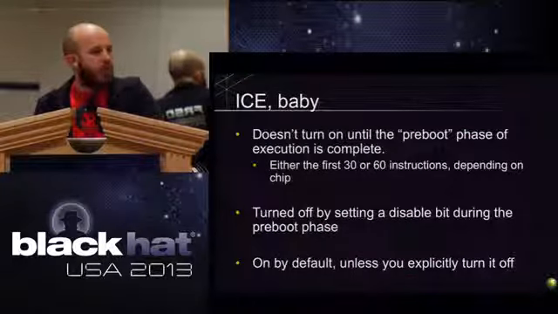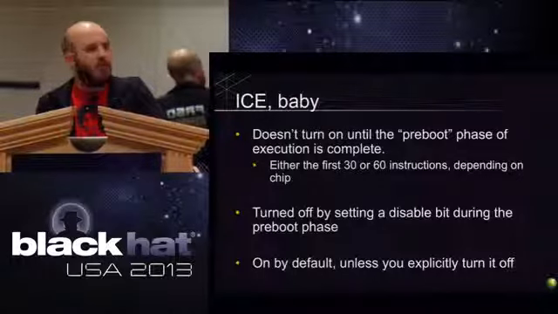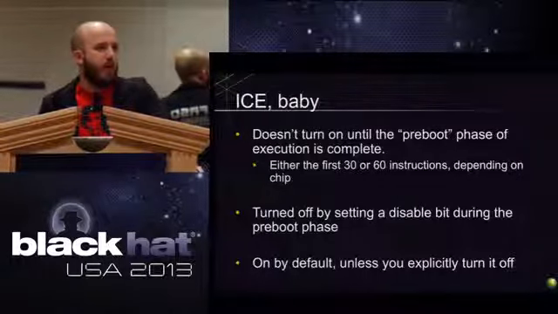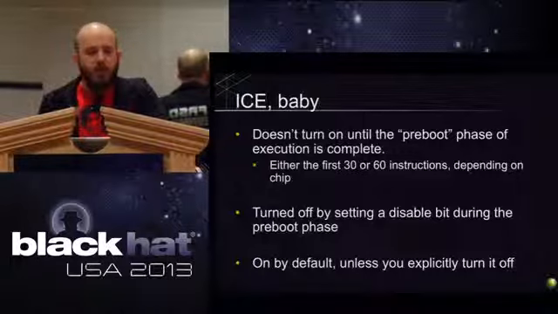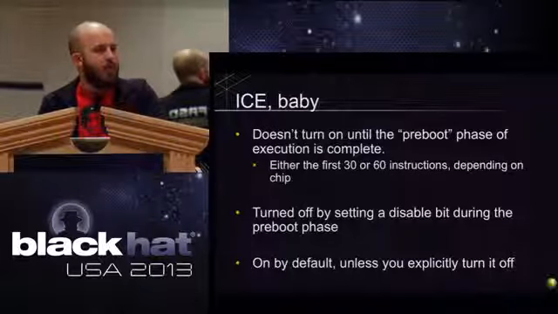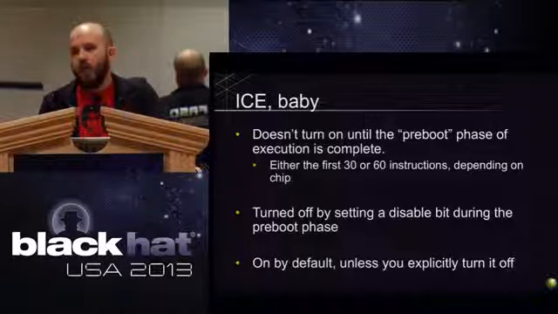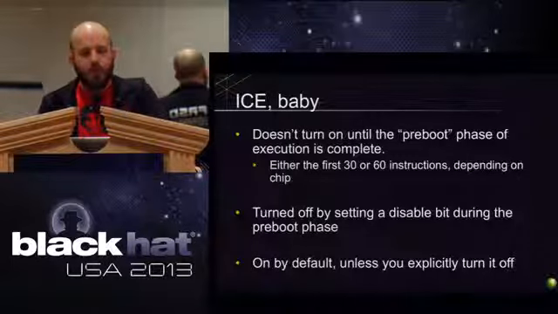So the way this works, you think about JTAGs, right? You know that JTAGs have these fuses, and you can blow a fuse, and then the JTAG interface is now turned off. In this case, it doesn't quite work the same way. It's not on whenever you first apply power. For the first 30 or 60 instructions, the processor is in what's called the pre-boot phase, and it's turned off during that time period.